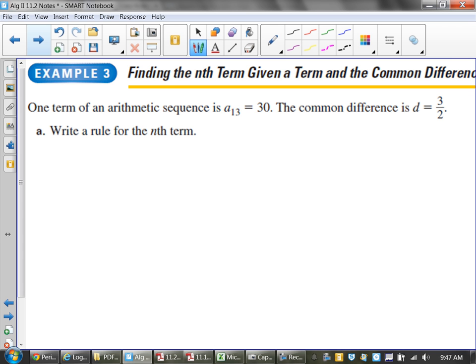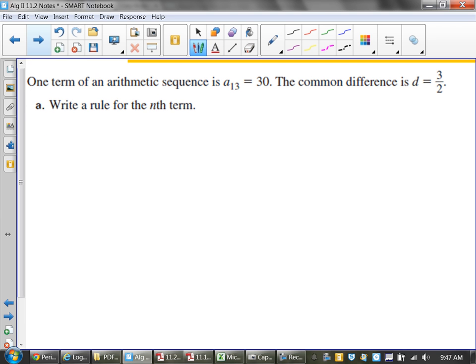Every time you have these types of problems, always start with the basic. You know that the nth term is going to be your first term plus n minus 1 times your difference. That's the generic form of the equation. From that, I can substitute in things.